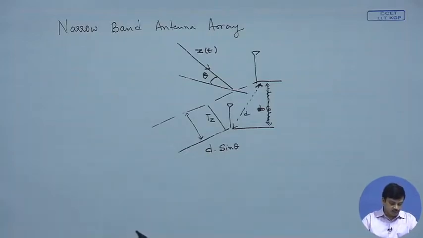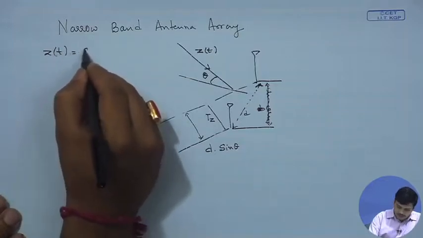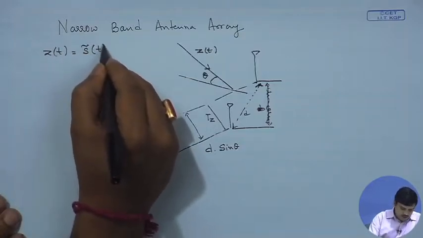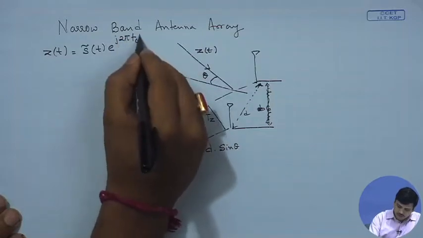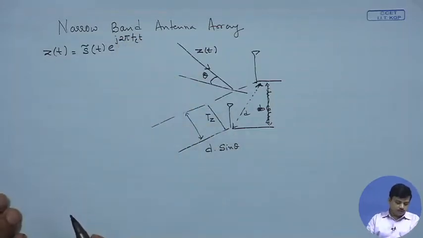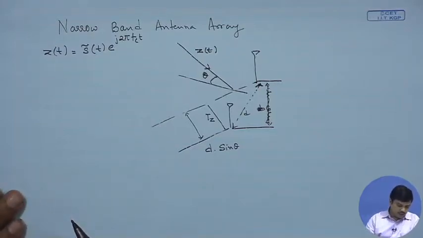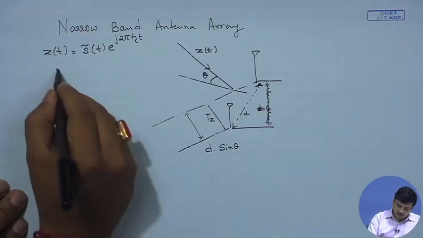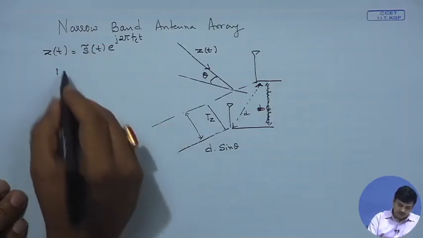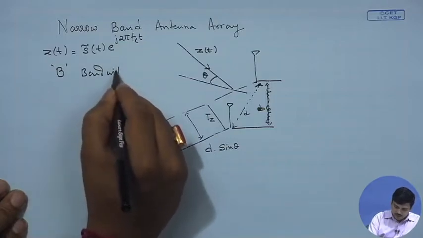We will also assume that z of t is represented by z tilde of t times e to the power of j 2 pi f c t.